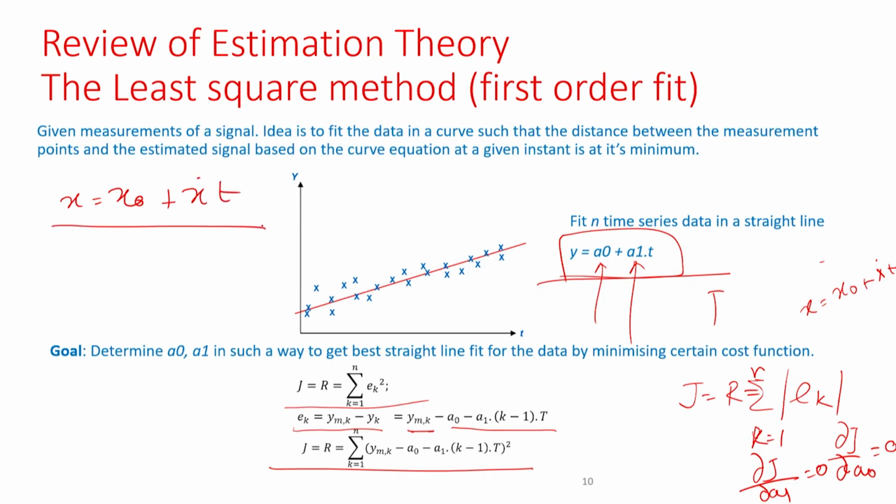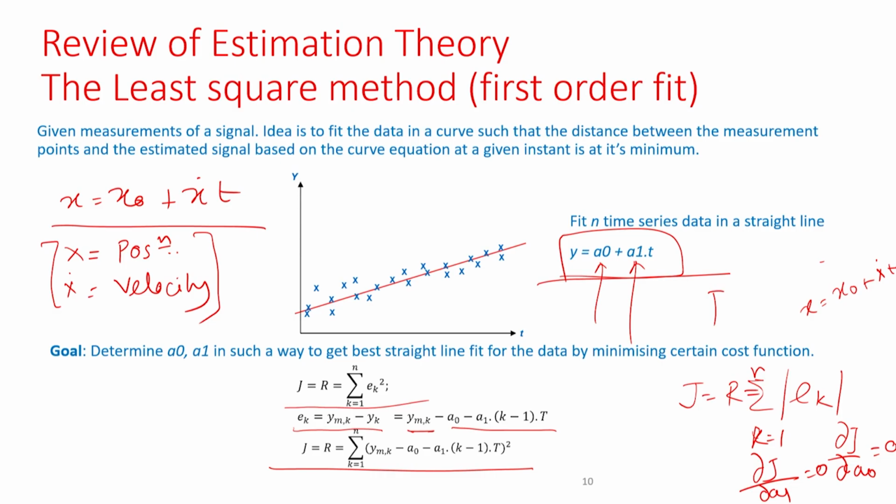First order fit means you have only position and velocity. x is your position, x dot is your velocity. So, you have two states, position and velocity, and with these two is your first order fit.